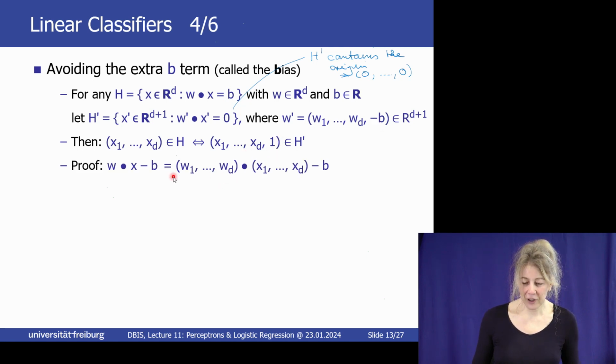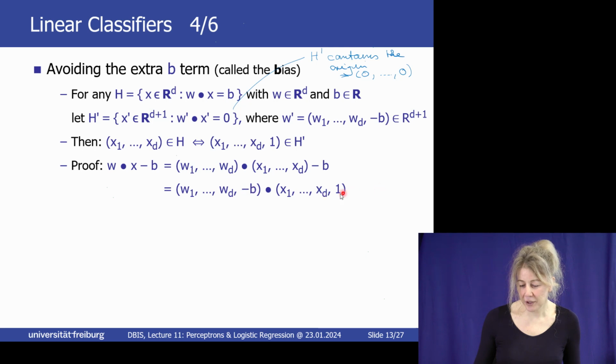And let's just verify this by taking this value here, so w times x minus b. So if this is 0, then x is contained in this set. And let's just write it down. So that's this dot product minus b. And this is just the same as writing, just adding one dimension here, minus b here, and then 1.